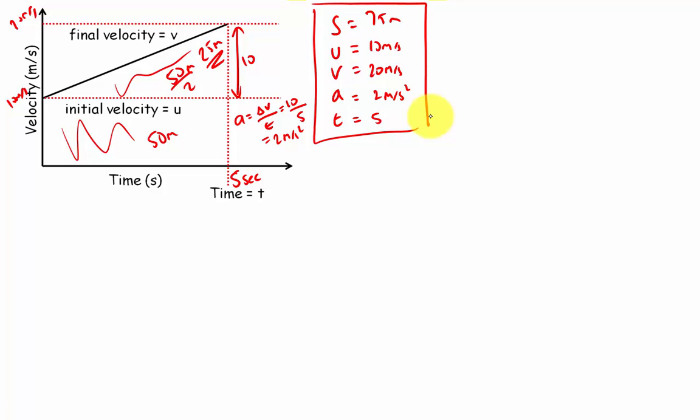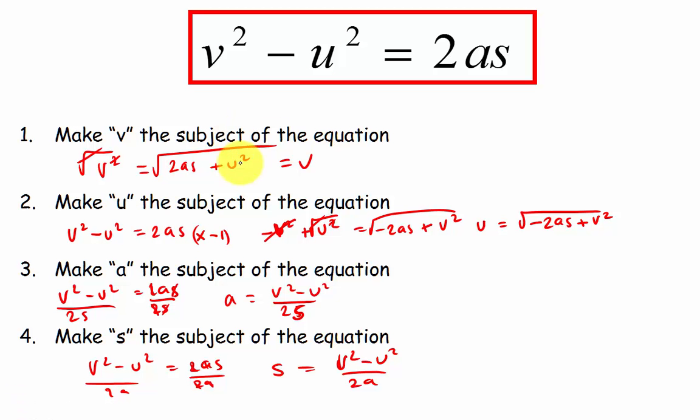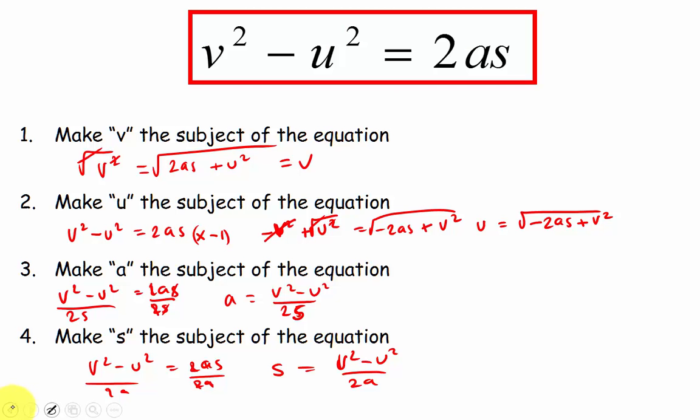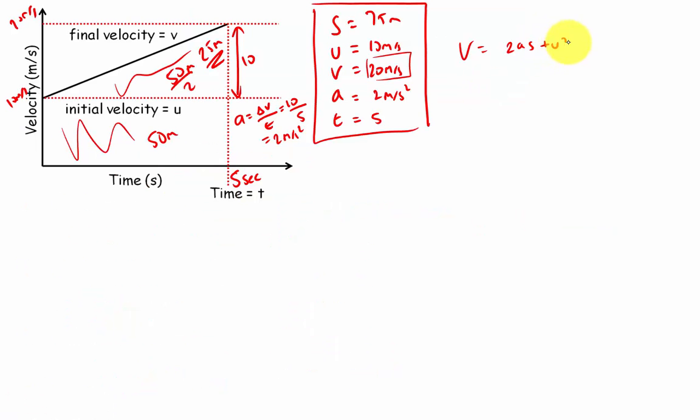Now let's pretend that an examiner tells us all this information apart from the 20 meters per second. We don't know what the velocity is going to be. Let's go back and use the equation we've already rearranged: v equals the square root of 2as plus u squared. So let's sub the numbers in and see if it works.